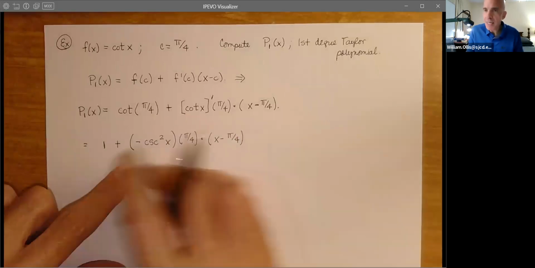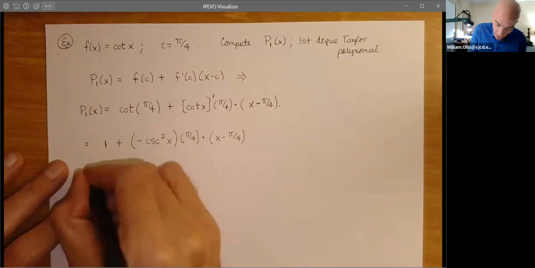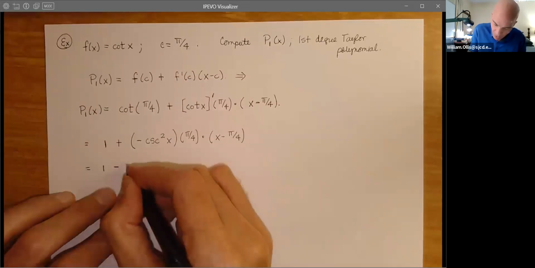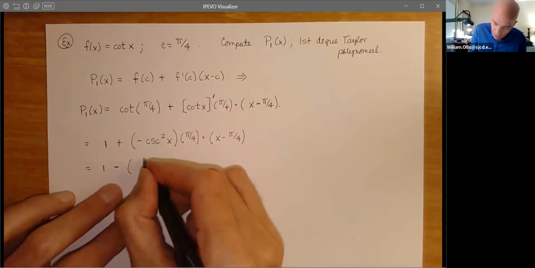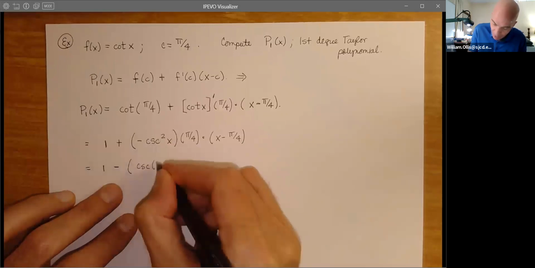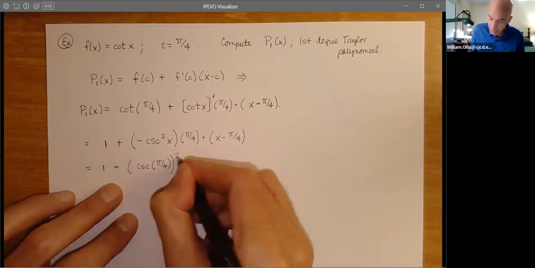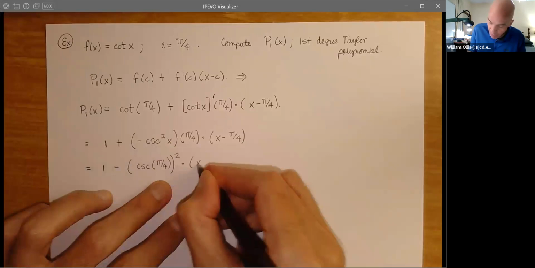We're just filling in the details. So now we've got 1 plus, so we've got minus here. So we've got, again, cosecant. So you can write this, if you will, as cosecant of pi over 4 quantity squared times x minus pi over 4.